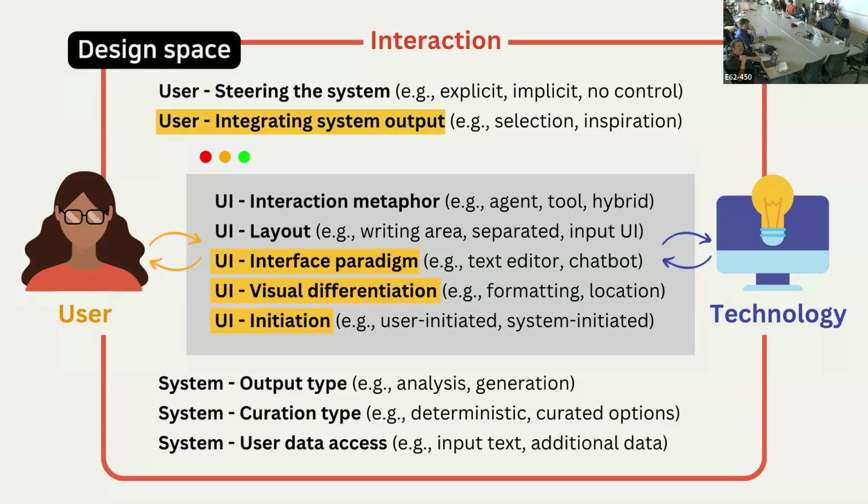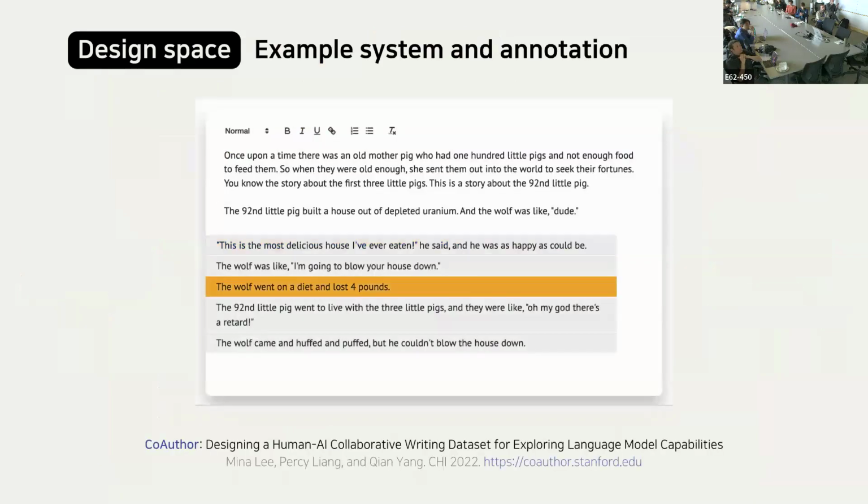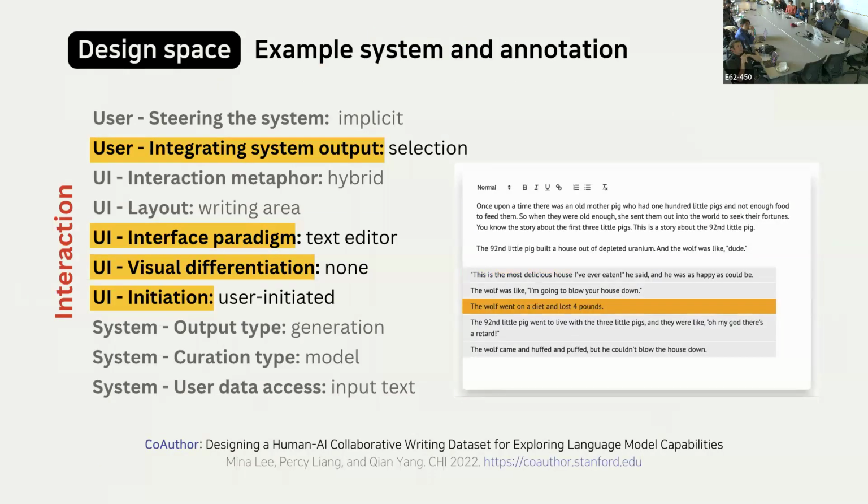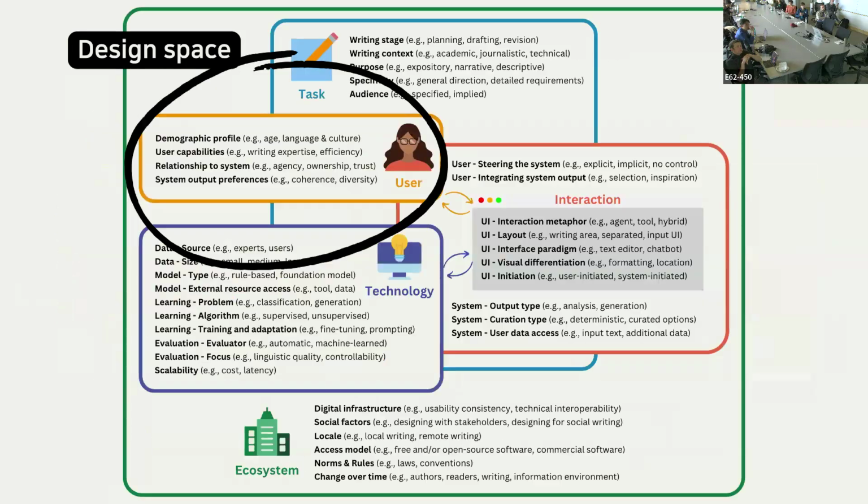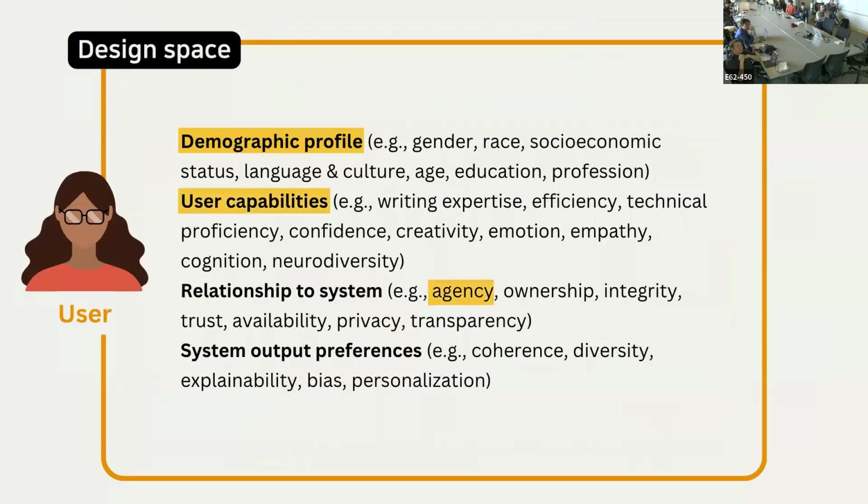And how do users integrate the system outputs? So these are some of the considerations that we identified by doing the systematic literature search. And we actually have so much to show you, but we're out of time.